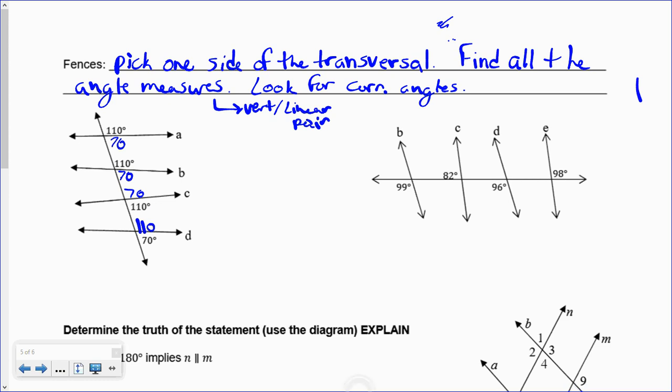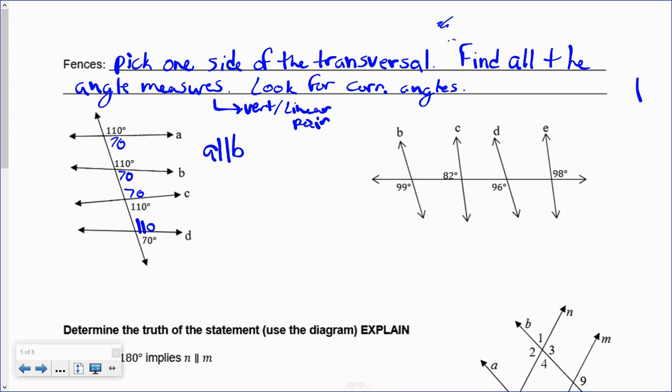Now, your next mission is to take a look and find any corresponding angles that are congruent, and that will make the lines parallel. Do you see any? 110, top and second. They are lettered. Okay. So A and B are parallel. I am trying to avoid writing because it tends to mess up the board, but you would give me a quick explanation.